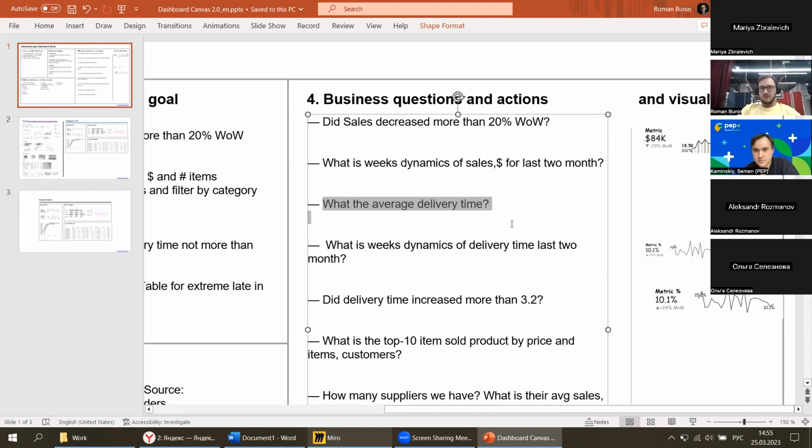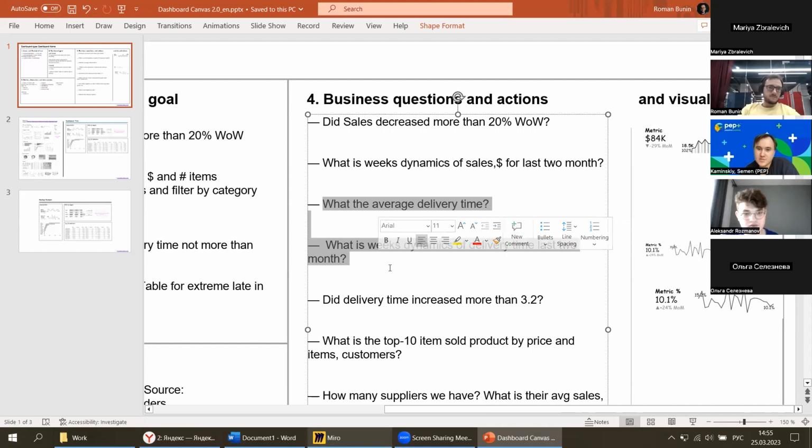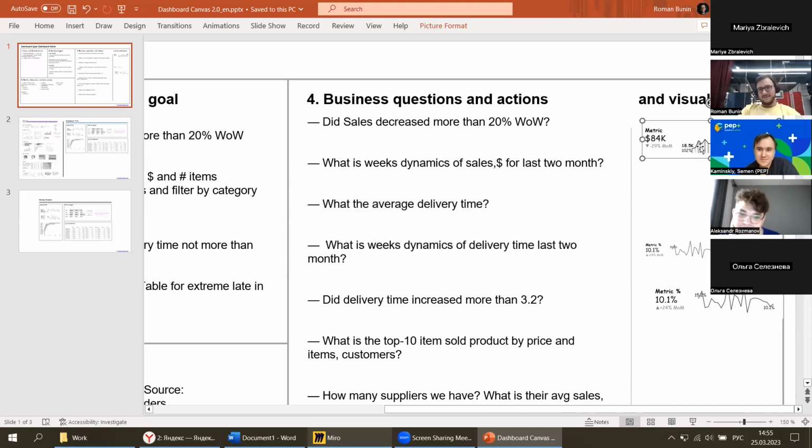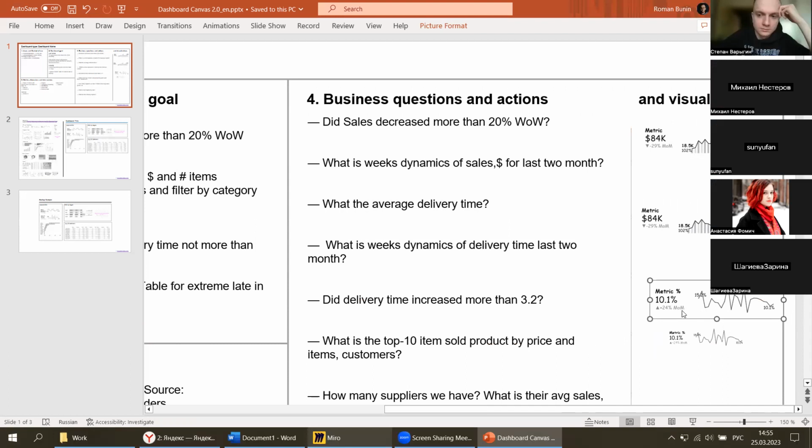Okay, what's the average delivery time and what's the dynamics of it? What type of visualization would you consider? The same. Maybe the same, or for some diversity we can use bar charts.